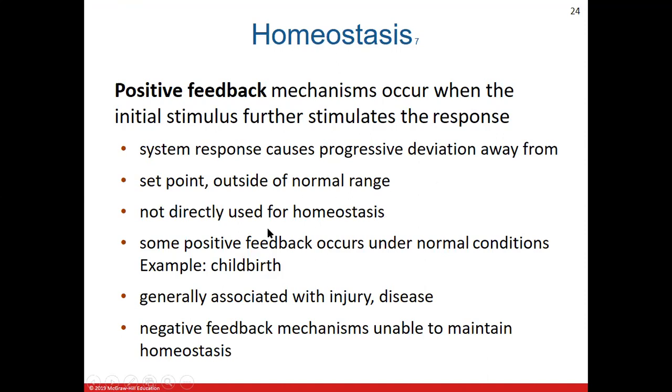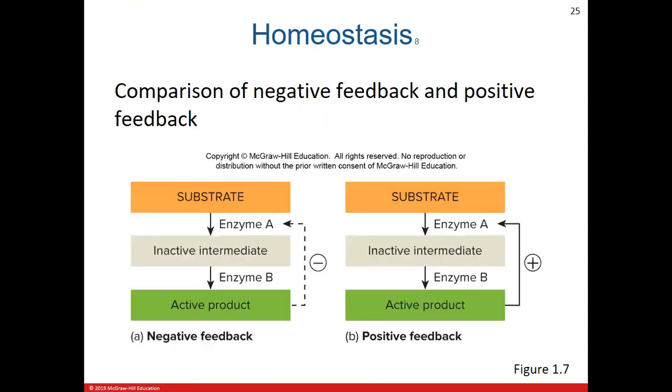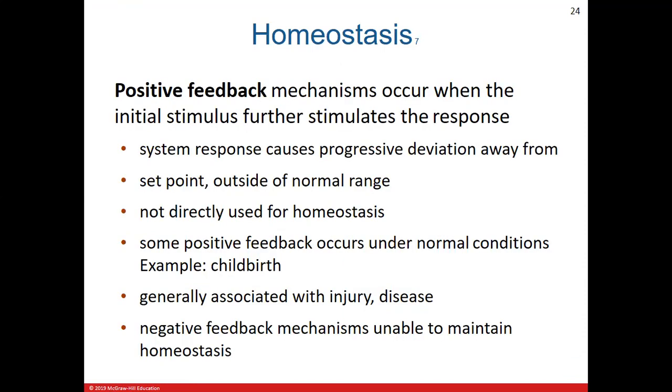So in other words, that's not really homeostasis because you're not trying to keep an equilibrium. It's actually going further away. But that can be a normal process as well. The example here is childbirth. For childbirth, if you think about as a baby is being delivered, as it's getting ready to be delivered, it is pushing down into the lower section of the uterus called the cervix.